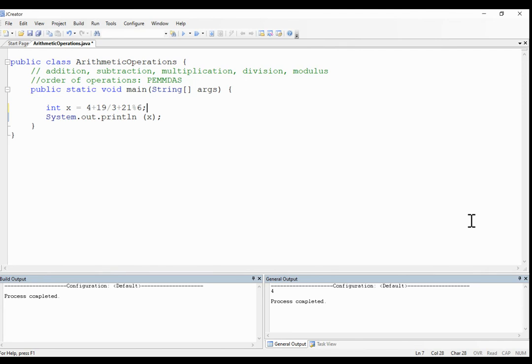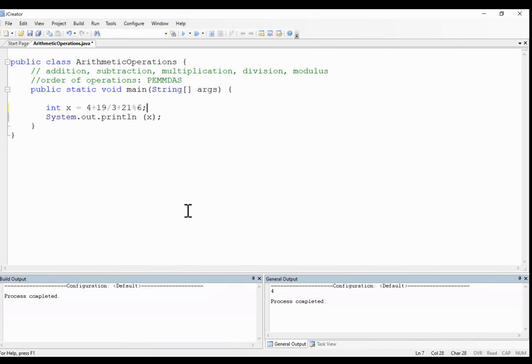So how does Java evaluate this expression? Now, according to PEMDAS, remember, parentheses come first. We don't have any parentheses here. And then exponents, we don't have any exponents. And then MM stands for multiplication, modulus, and division. All of them have the same level, whatever comes first from left to right. So the multiplication, division, and modulus take place before addition and subtraction.